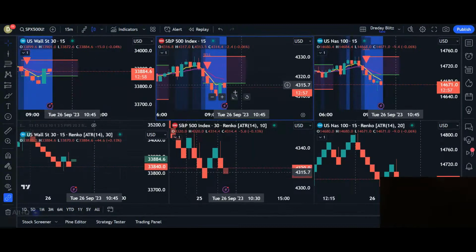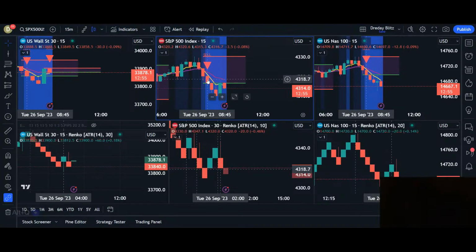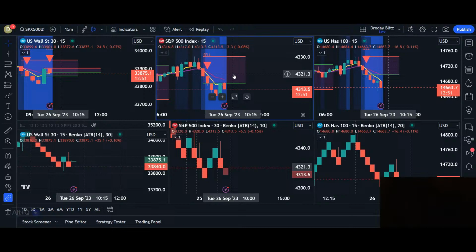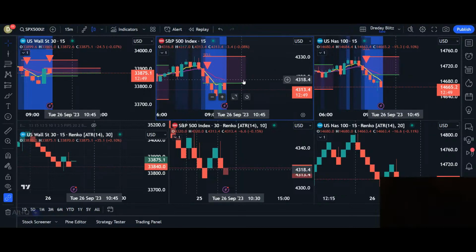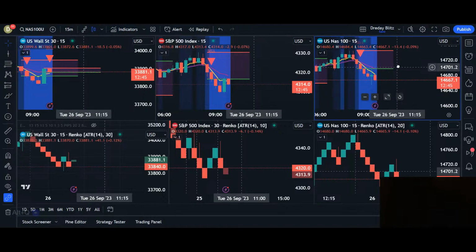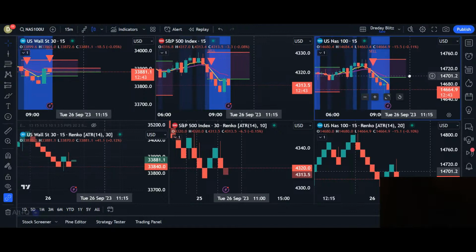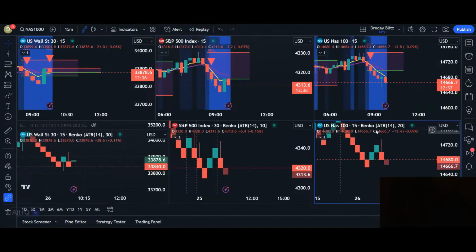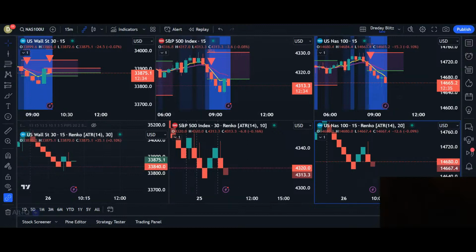Even though we're looking still bearish, right now it's starting to consolidate a little bit. There's no confirmation of the market going down. Nasdaq is showing some good bearish movement here, so we'll see how it goes.